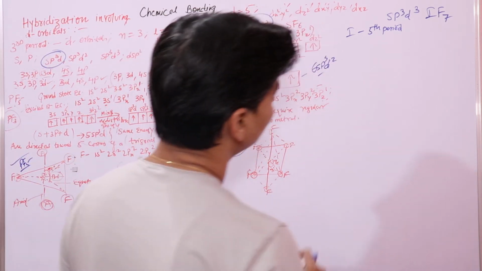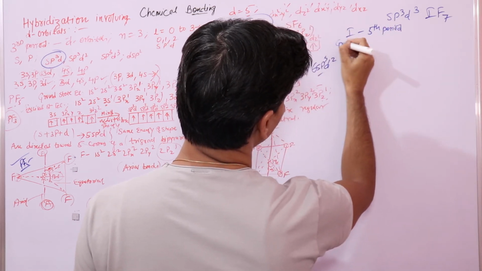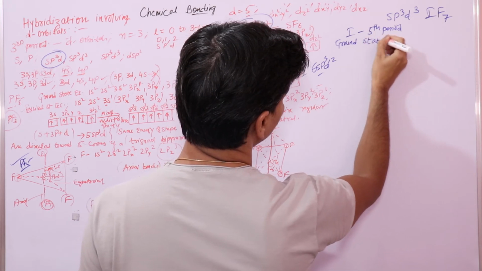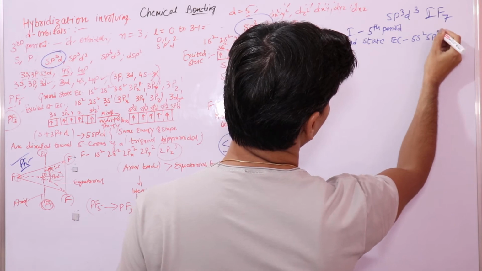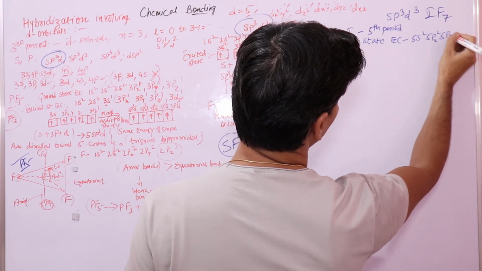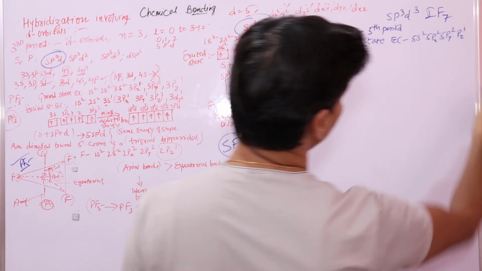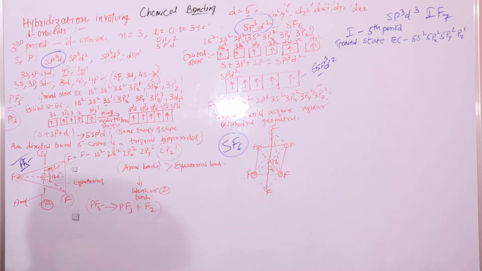Its ground state electronic configuration would be 5s2, 5px2, 5py2, 5pz1.